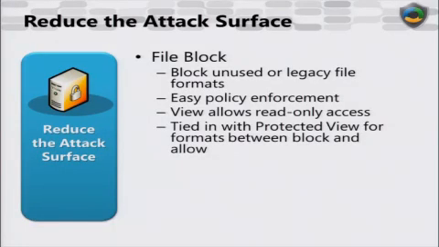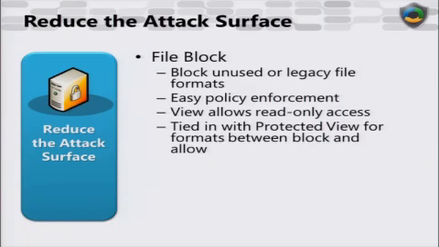Reducing the attack surface came in two parts for file open. One was File Block. File Block was introduced in Office 11 and was a big contentious feature for users because we controlled the list of files that we blocked.